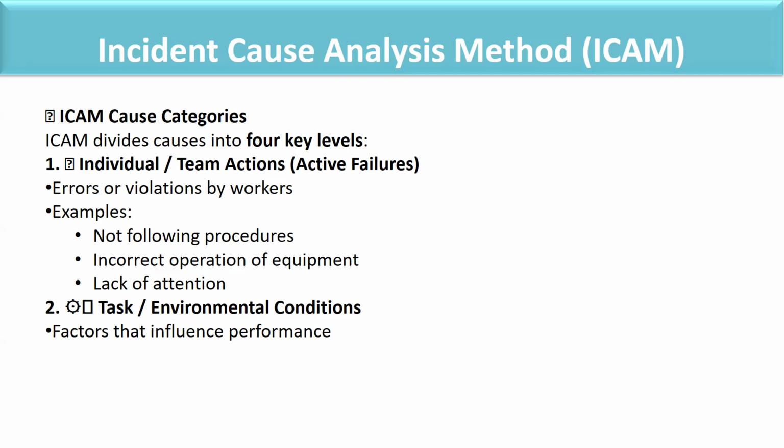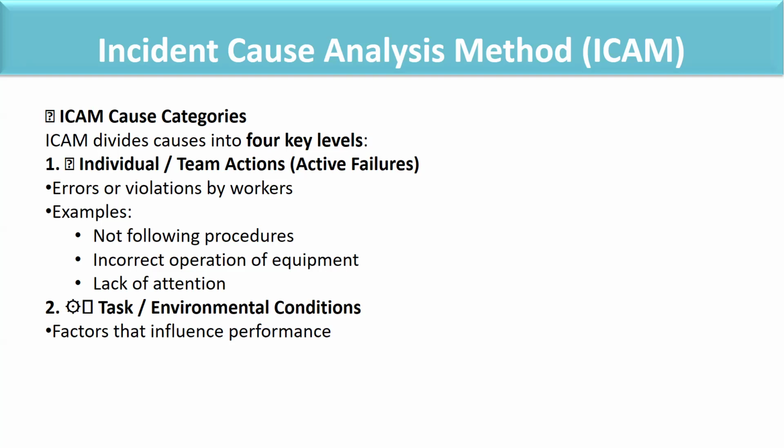When we are talking about the environment, the task environment plays a very vital role in incidents. So when we are doing any type of activity in any workplace, we have to observe the environment of the workplace.